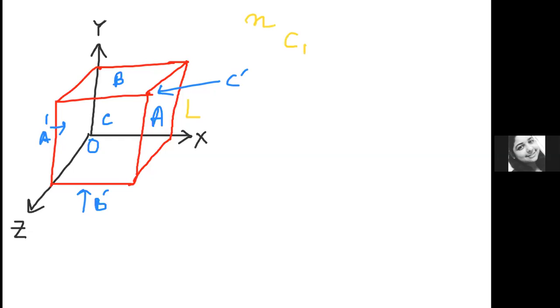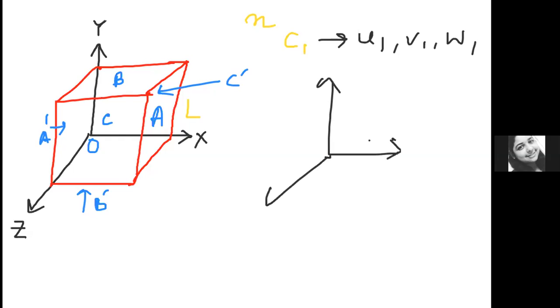The velocity of that particular molecule, which I have considered to have velocity C1, can be resolved into three rectangular components, like U1, V1 and W1, parallel to the x-axis, y-axis and z-axis. Okay, I'm showing it in a pictorial form.